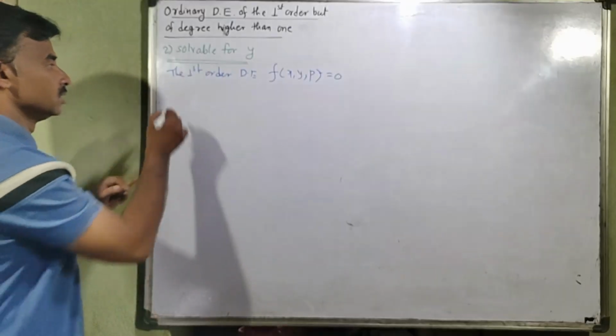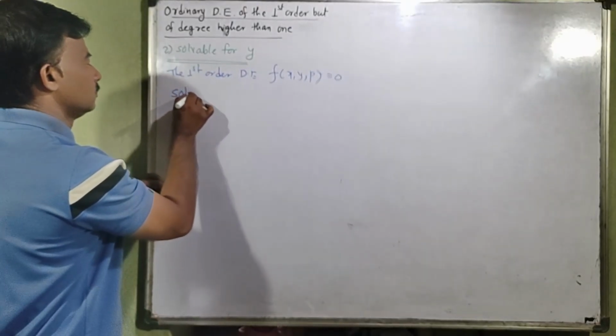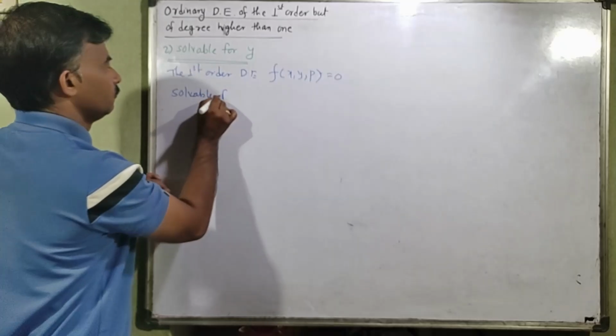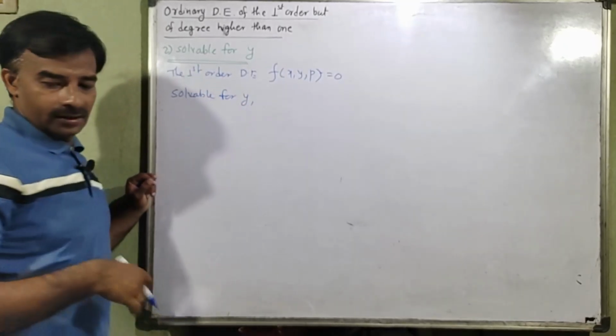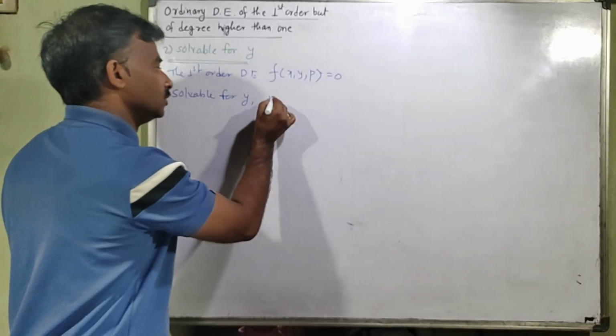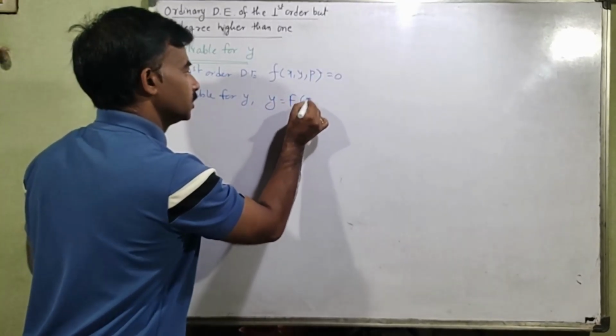Let us consider solvable for y. Let y is equal to f of x comma p.